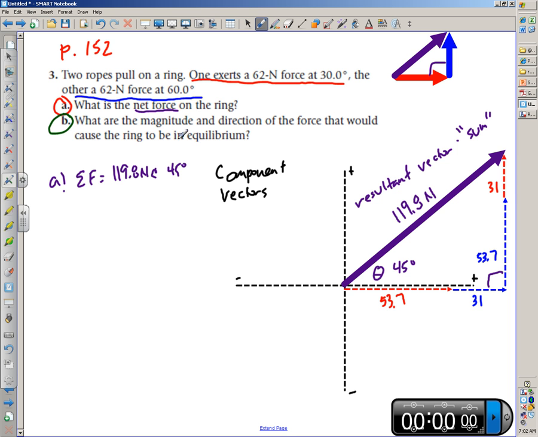Part B says, what are the magnitude and direction of the force that would cause the ring to be in equilibrium? So, we are looking for a force. That special force that would cause the ring to be in equilibrium. And that means that when we're all said and done, the net force on this ring has to be equal to 0.